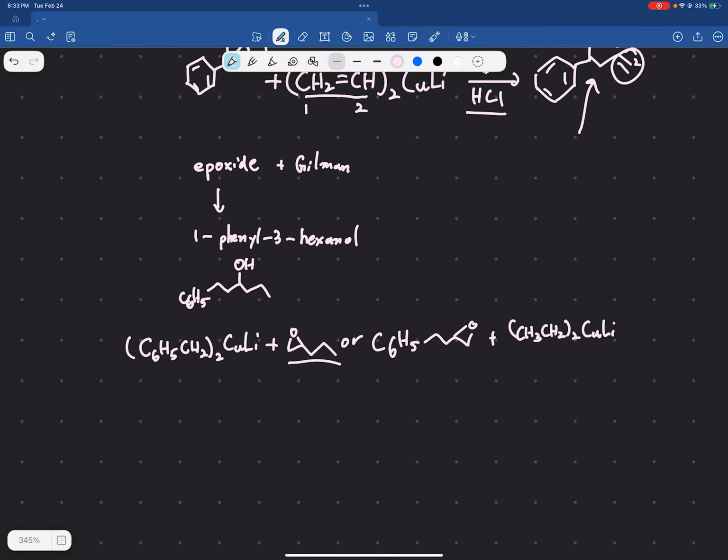Both of these reactions will result in that compound.